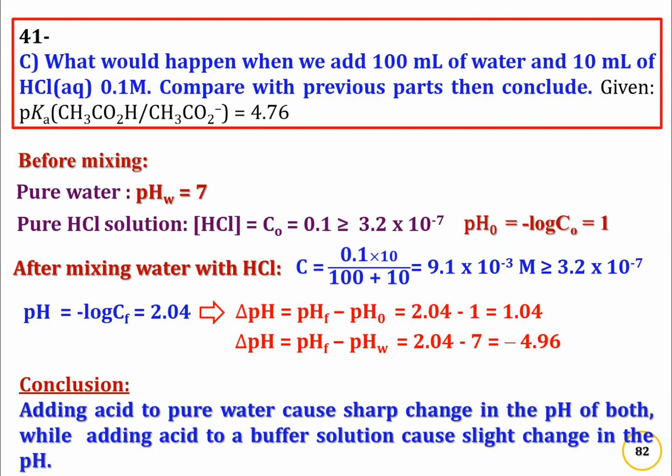But in the case of the buffer solution, in part A, when we add HCl, we have 9% variation of the pH. And in part B, when we add OH minus, we also have 9% change of pH. So adding acid or base to a buffer solution will cause a slight change of the pH of this solution.